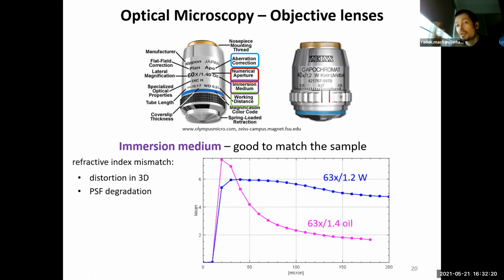But if you want to look at something larger, where you want to go deeper, like 50 to 100 micrometers into the sample, and your sample is in a water-based medium, then a water immersion objective would be a much better choice.